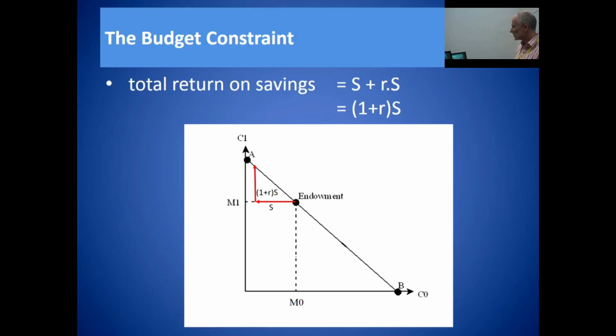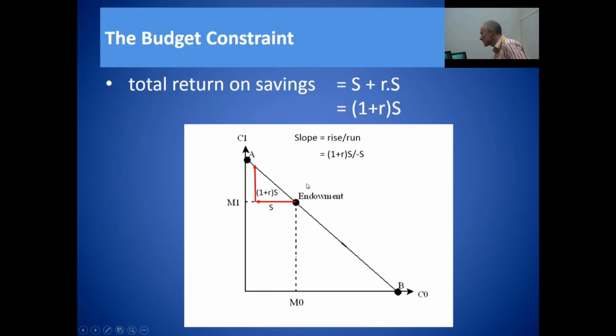Now, what is the slope of any line? The slope of any line is just the ratio of the rise over the run. How much do you go up? That's the rise. How much do you go along? That's the run. So we've just said, if you go up 1 plus r times s, you will go along s. And I put minus s in.